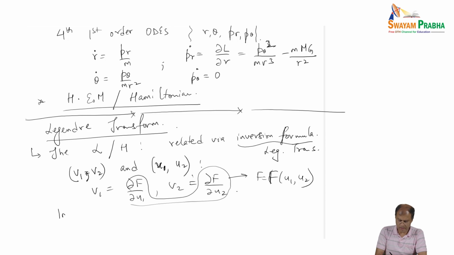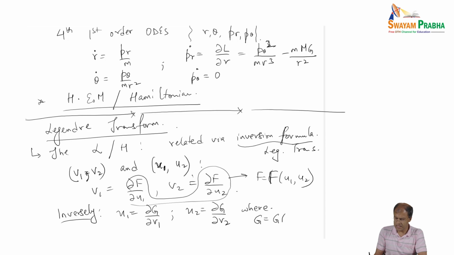So inversely I can describe u1 to be partial g partial v1 and u2 to be partial g partial v2, where my g is g of v1 comma v2, right? Inversely I can denote u and v as follows. That is another way to describe the variables under consideration.